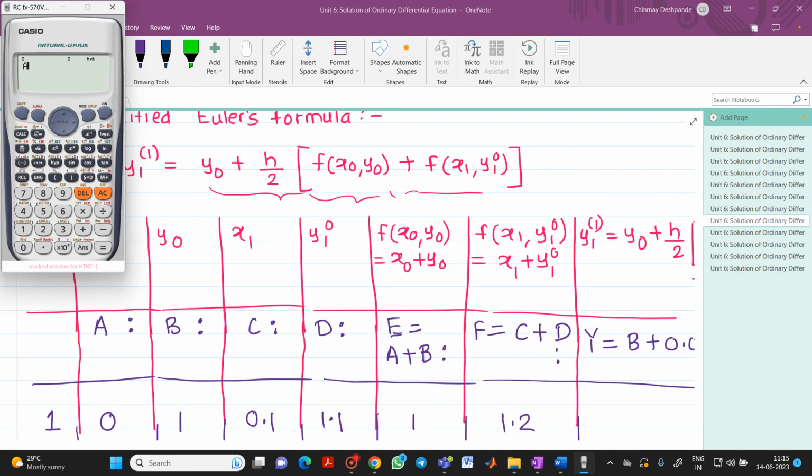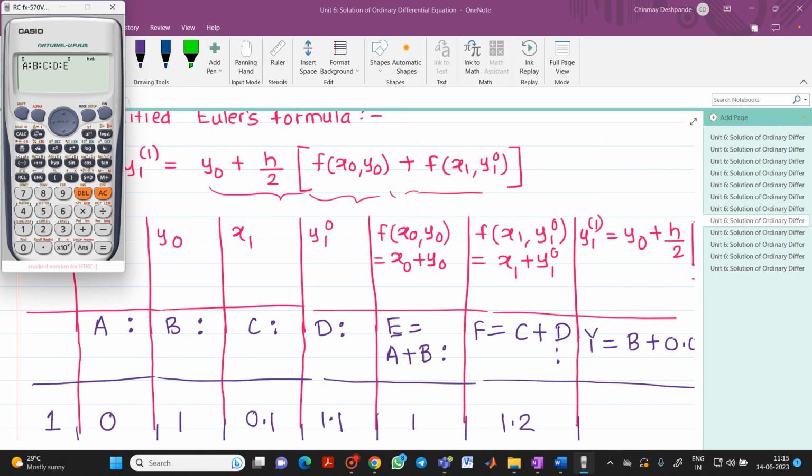A colon, b colon, c colon, d colon. So because of this again you will get revision.